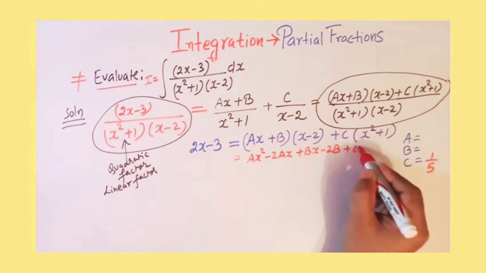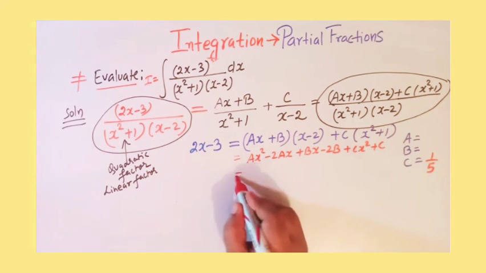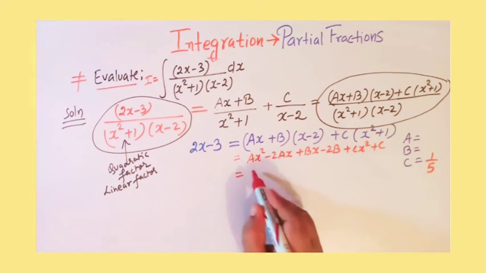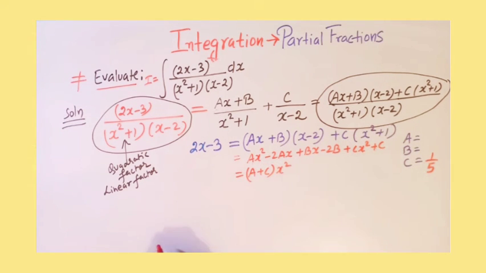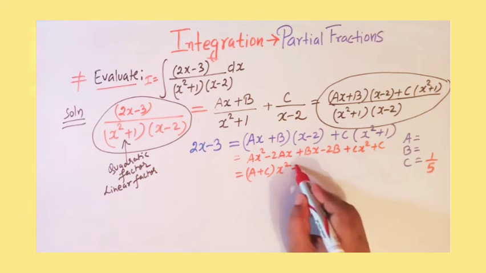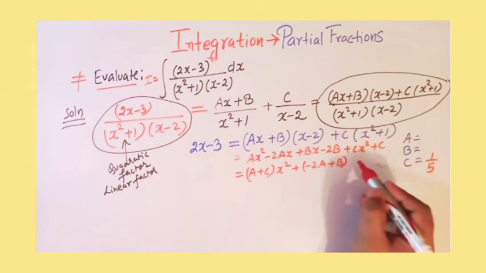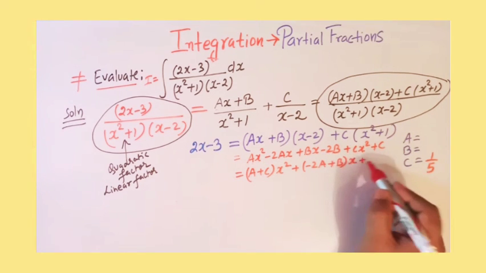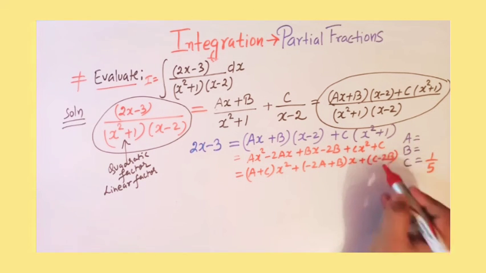And here we have cx square plus c. Clear? Now if we compare the coefficient of x square, we have a plus c times x square, and then we have minus 2a plus b times x, and then we have c minus 2b. Clear?